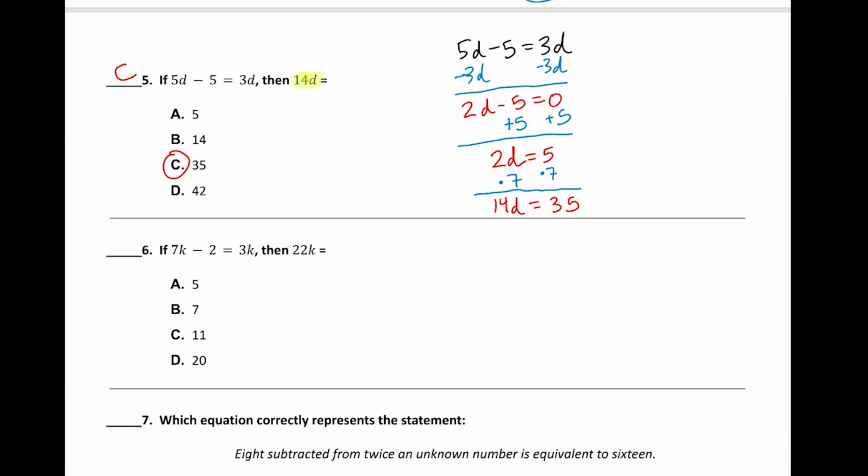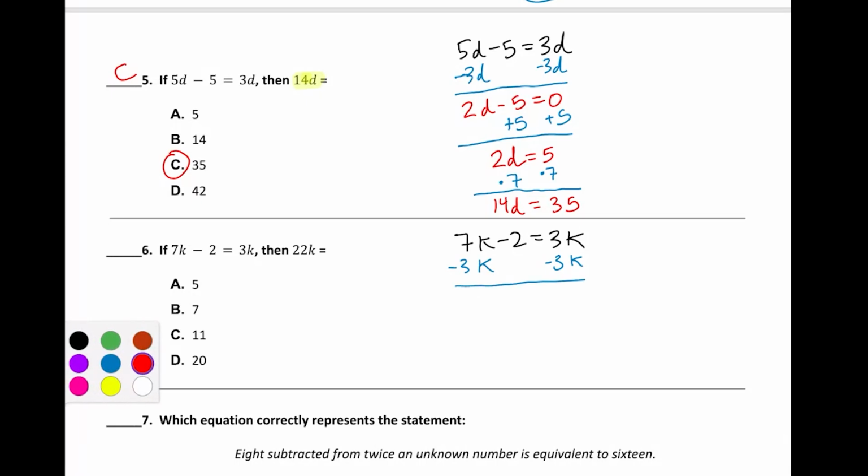It says, if 7k minus 2 equals 3k, then what's 22k? We'll start with 7k minus 2 equals 3k. Then, just like the last problem, subtract 3k to bring all those variables over to the left-hand side. Now I've got 4k minus 2 equals 0.